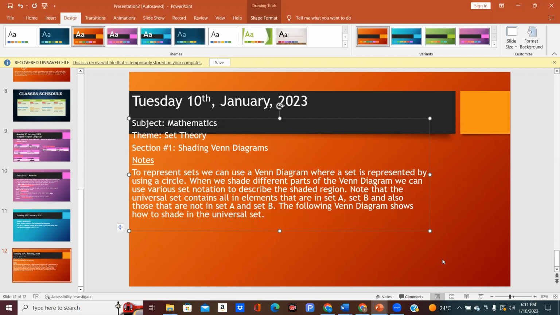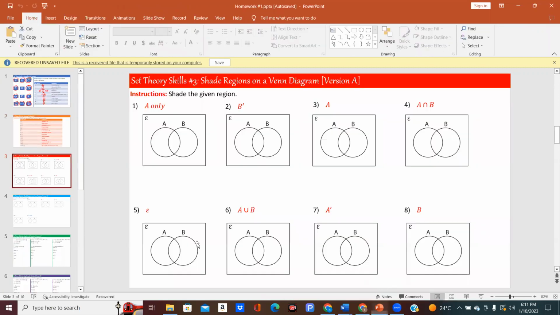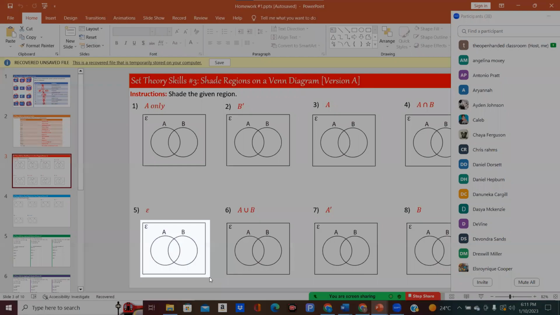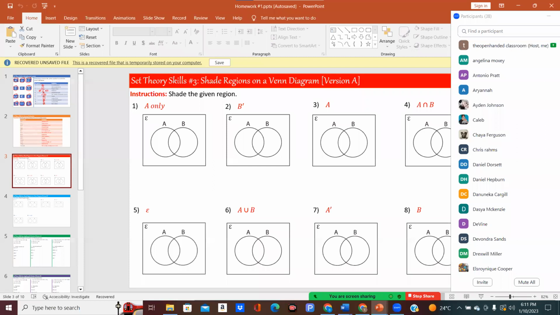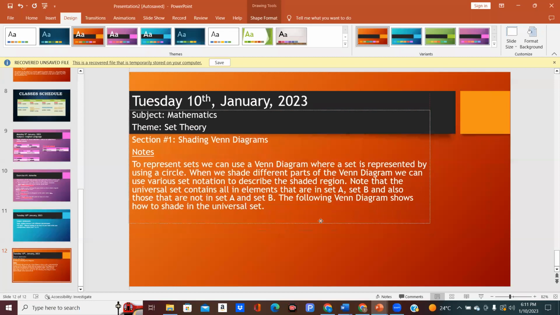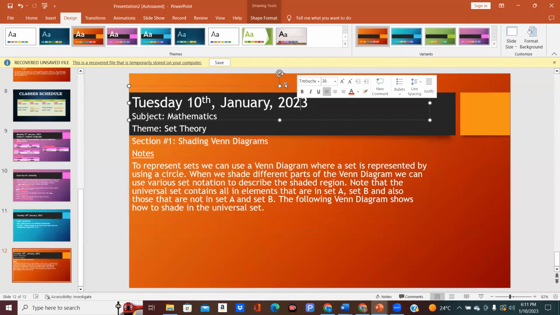So if we have the universal set, let me just grab it for our sake here.